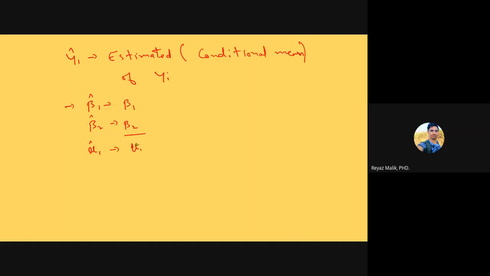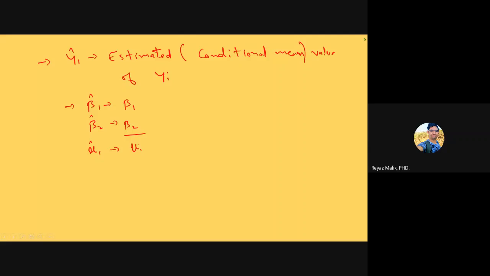And similarly, yi cap will be the estimated function of the actual function. It's called conditional mean. Conditional mean value, or whatever you want to say. No problem in that. Correct? Then what is the next?